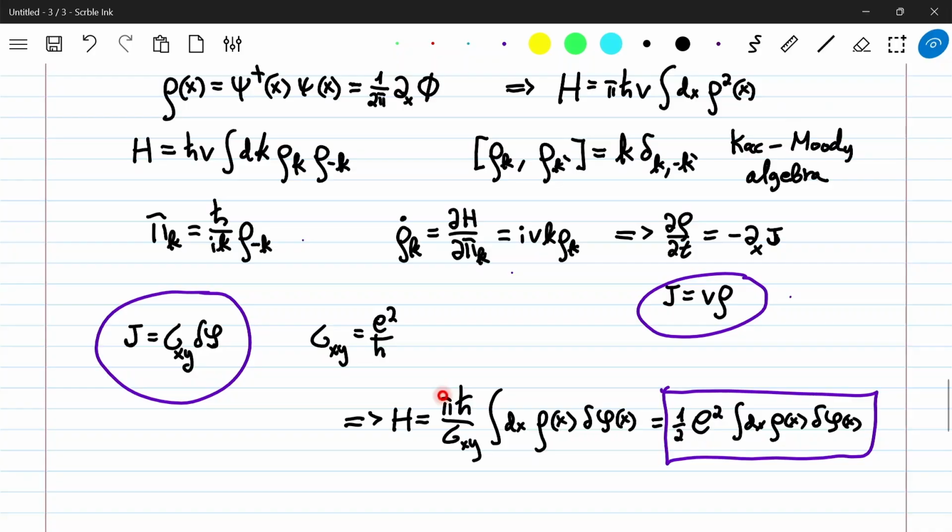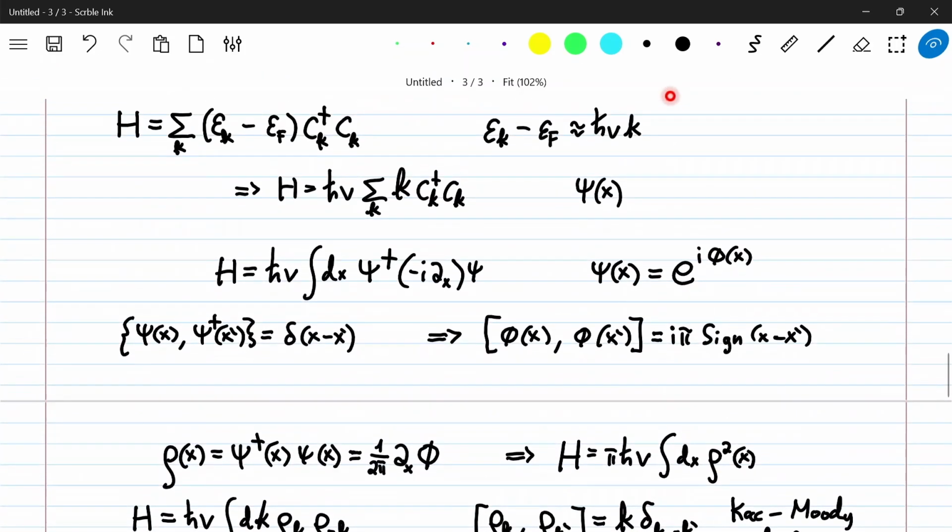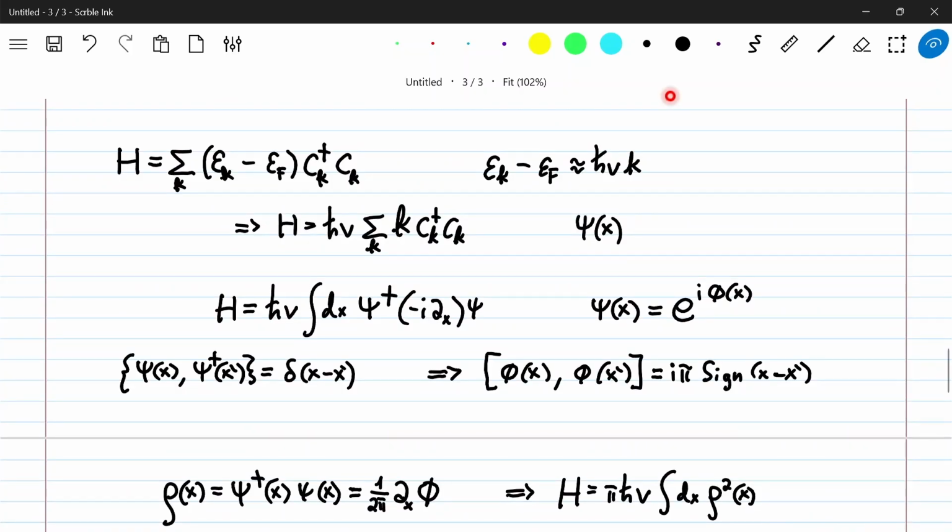This one? Yes, you see this one is E_k minus E_F. It's implicit, because it is just rewriting the edge state Hamiltonian in second quantization.